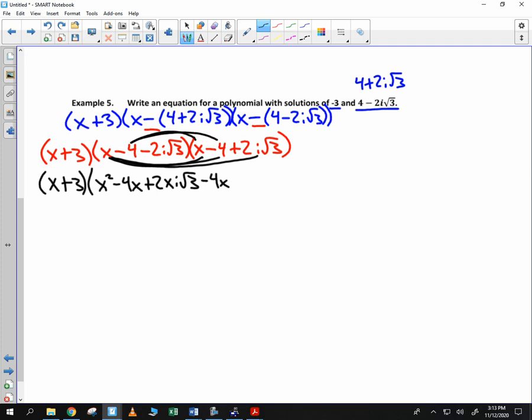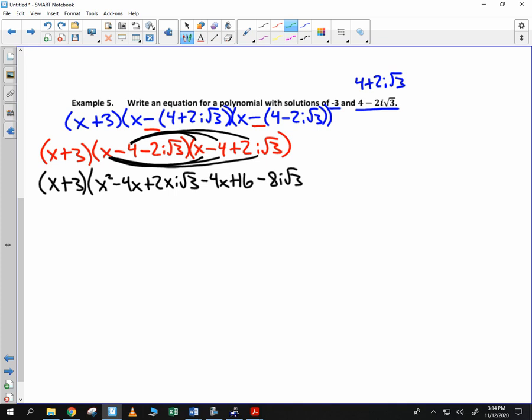Negative 4 times negative 4 is positive 16. Negative 4 times 2i roots of 3, negative 8i roots of 3. Again, I know when you write this 2xi roots of 3, it just all seems really weird. Don't worry, folks. It's all going to take care of itself. It won't be bad in the end.